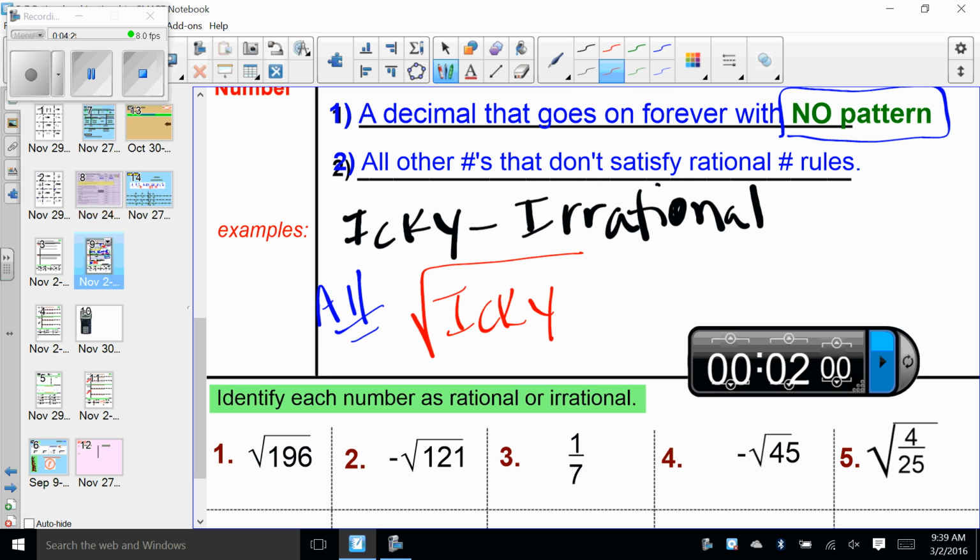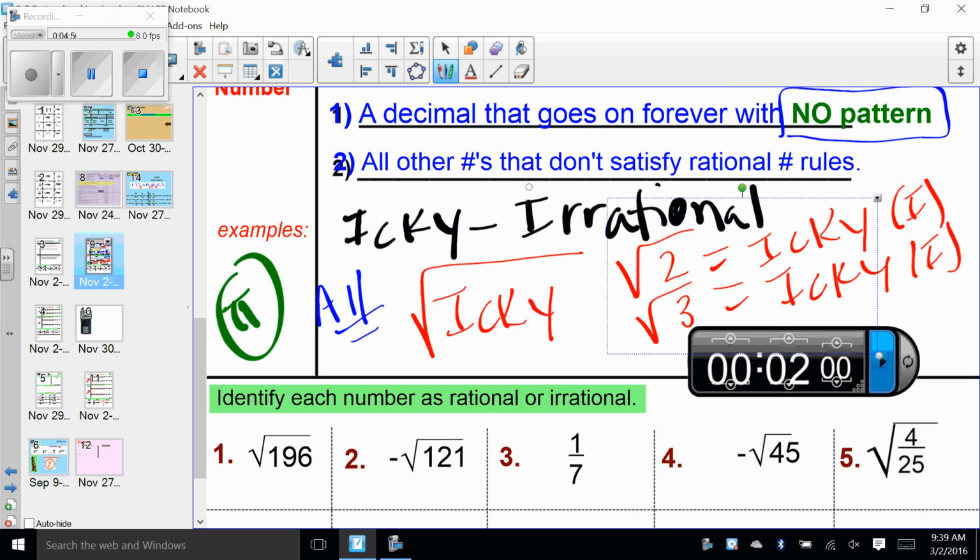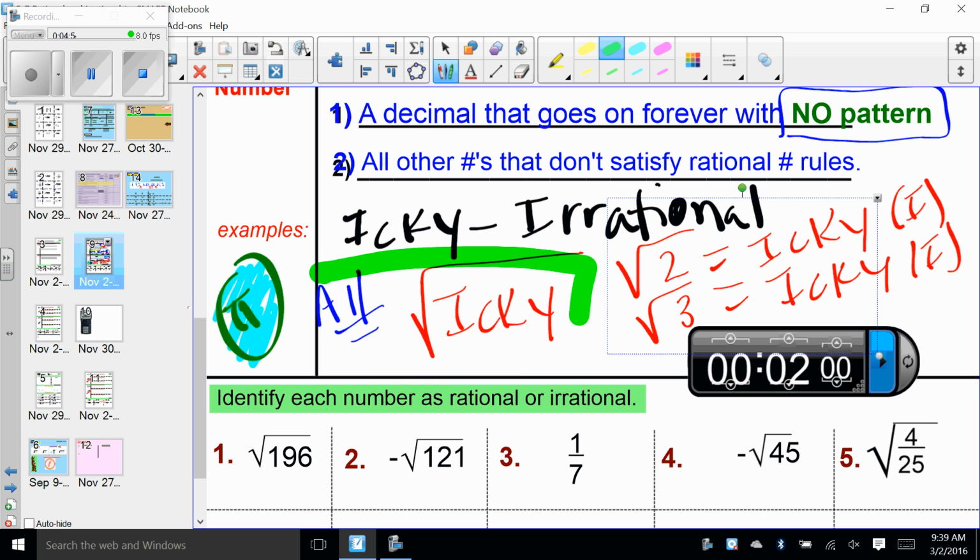We talked about icky square roots just yesterday, right? So the square root of 2, you put that in your calculator, get this icky decimal, no pattern, doesn't stop, it's just ugly. Square root of 3, icky. Those are then considered irrational. All icky square roots are irrational, and the only other thing you need to know that's irrational is pi.